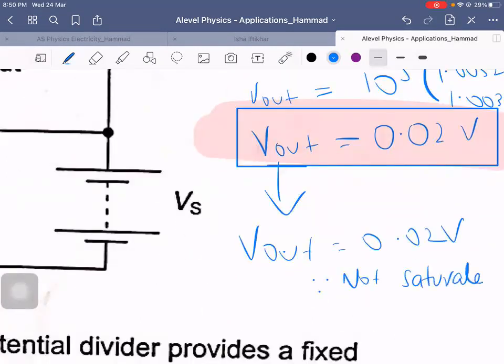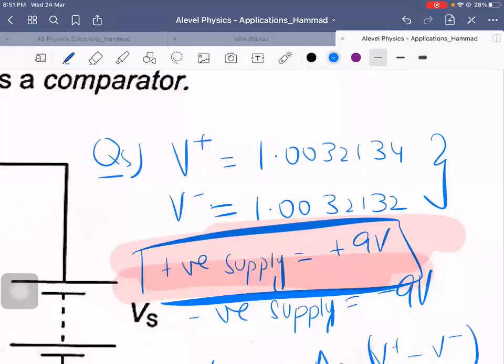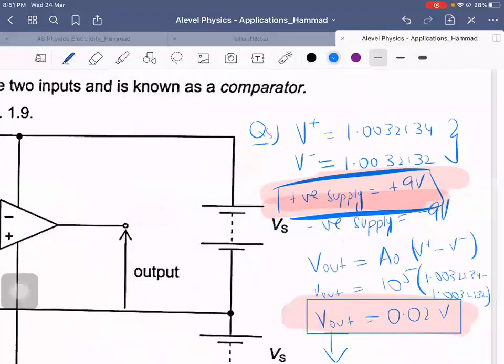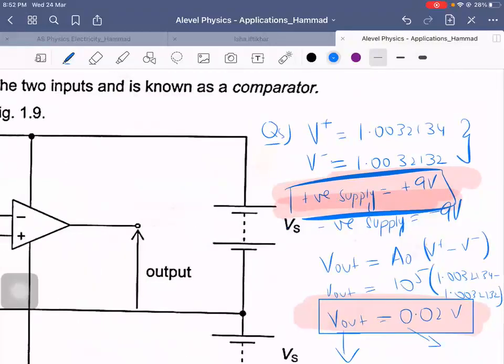Sir, so if it is within the range, the basic purpose of the amplifier is to not let the voltage be so small that it goes undetected. Samajh rahe ho? If you check these two voltages, they were undetected, they were unnoticed. But the amplifier tried to give out some meaning out of this value. And that is the whole purpose of it, to not let the values go unnoticed.